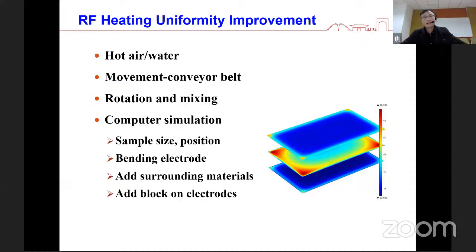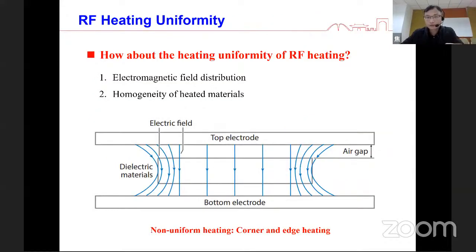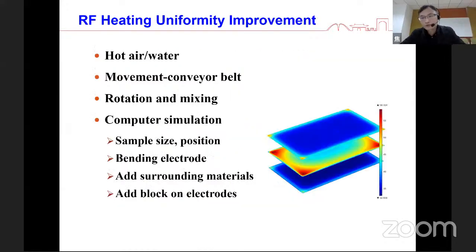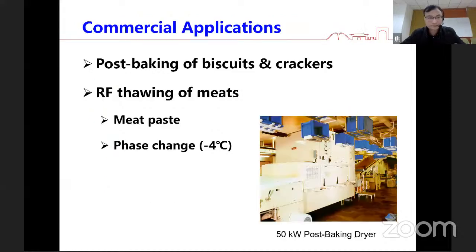And also we can add blocks on the electrode. So actually all of those methods are based on the two parts we just mentioned. The first one is to improve the electromagnetic field distribution. And the second one is to improve the homogeneity of the heated materials.